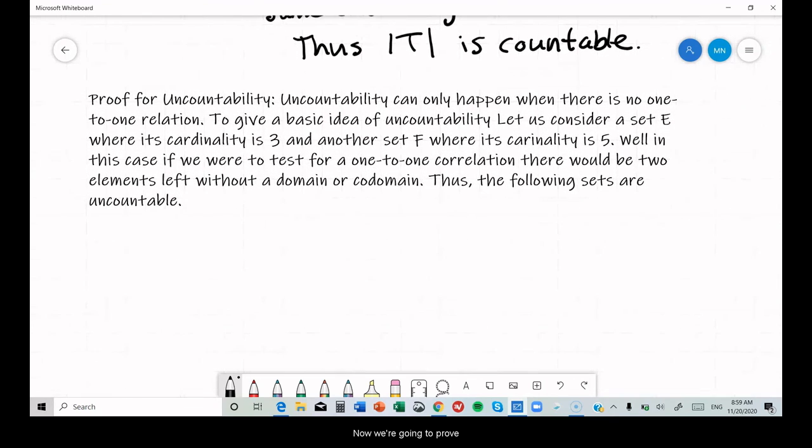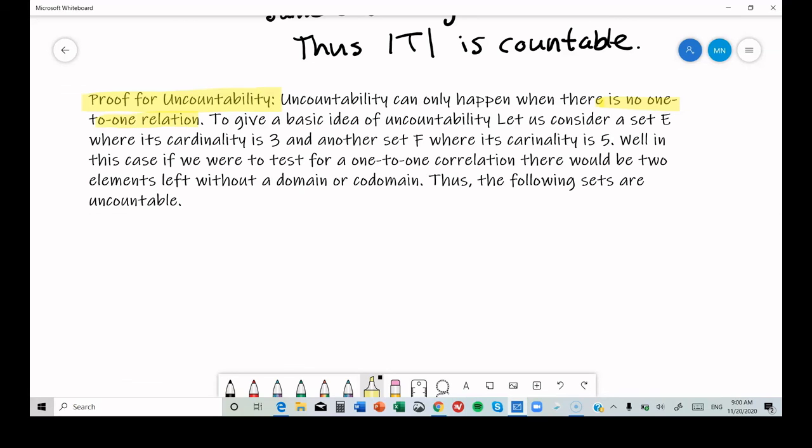Now we're going to prove for uncountability. So for our proof for uncountability, we know that uncountability can only happen when there is no one-to-one relation.